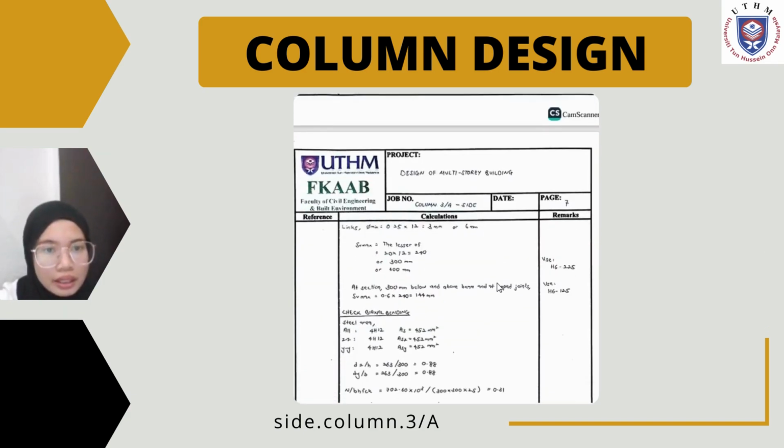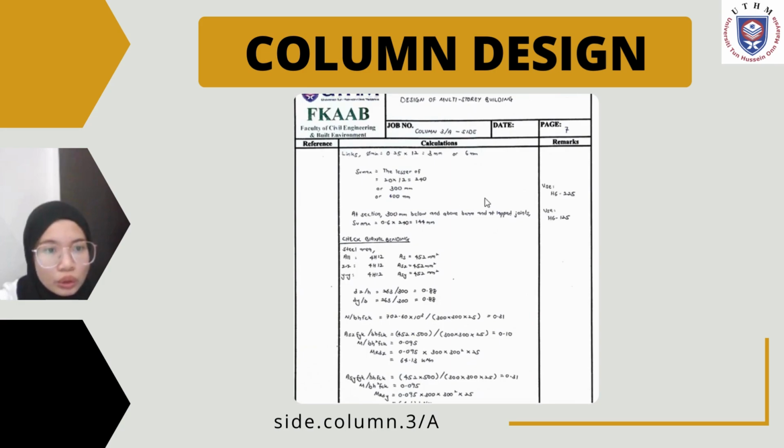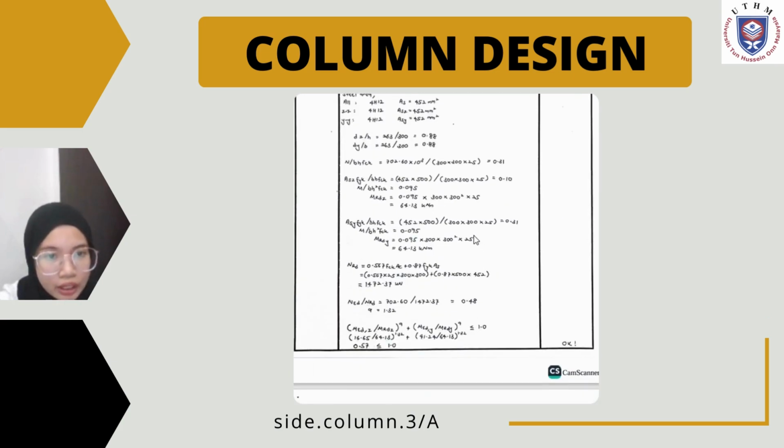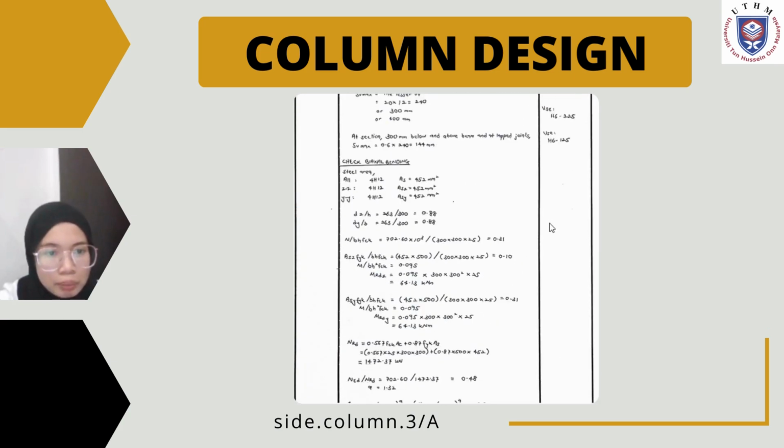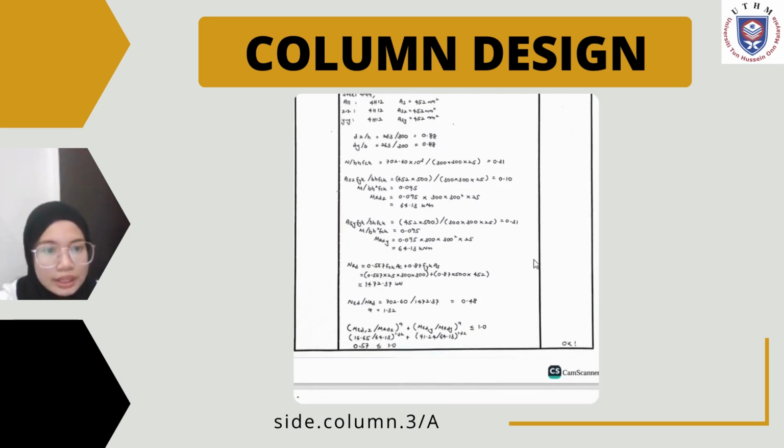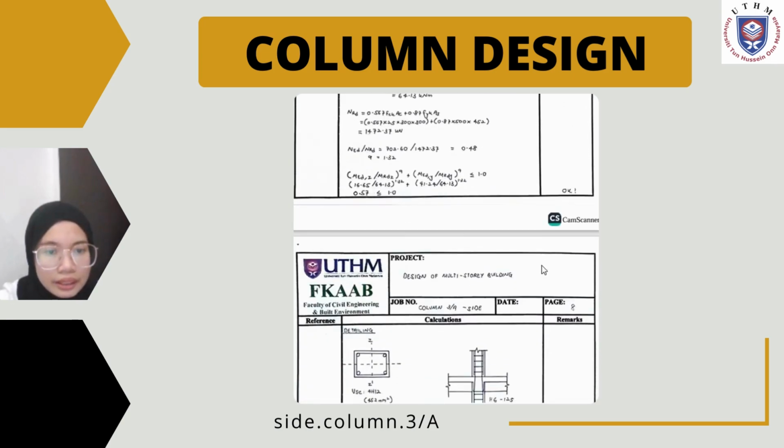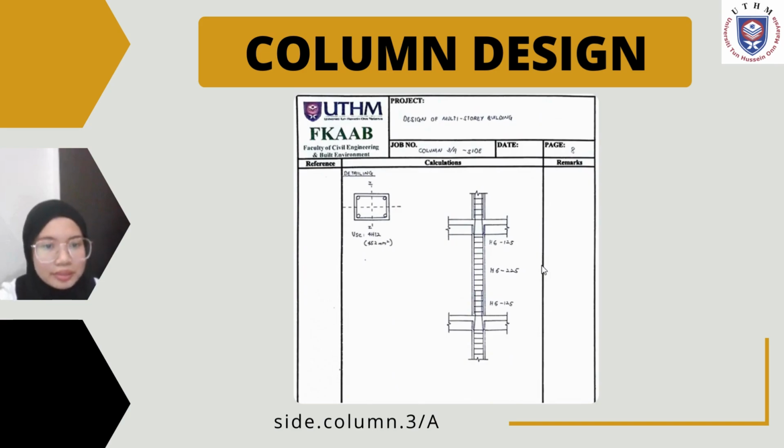Bar spacing in column is also known, which is HC with spacing 225 and HC 125. Then we check the biaxial bending, and after checking it, we can confirm that the number and type of bar used is safe because the last value we got is less than 1. So this is the detailing for column 3A.